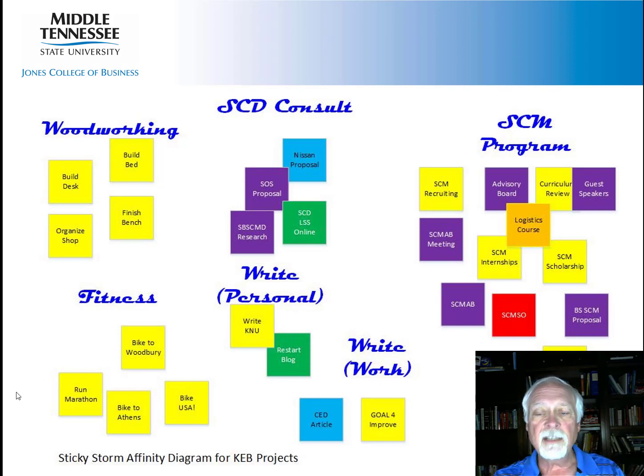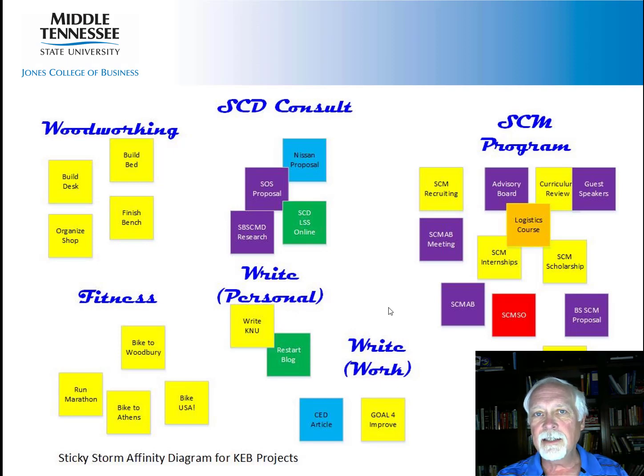I have fitness ideas, and I have consulting ideas and writing ideas, both personal and work related. And then I have some project ideas that are associated with the supply chain management program and the fact that we're at a point in a state of flux right now and state of high innovation.